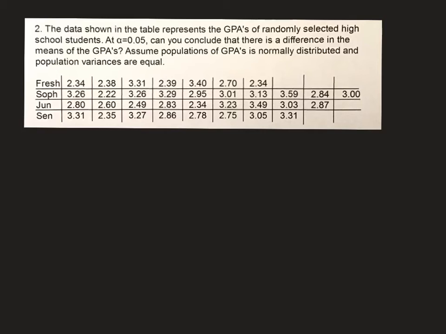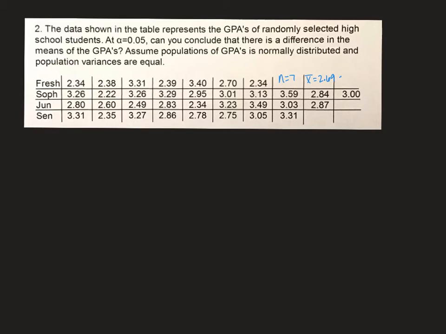So we've got freshmen, sophomores, juniors, and seniors, and the GPAs. So I'm going to go ahead and give you all of the values so that we don't have to spend time doing them ourselves. So for the freshmen, N was 7. The mean is 2.69.